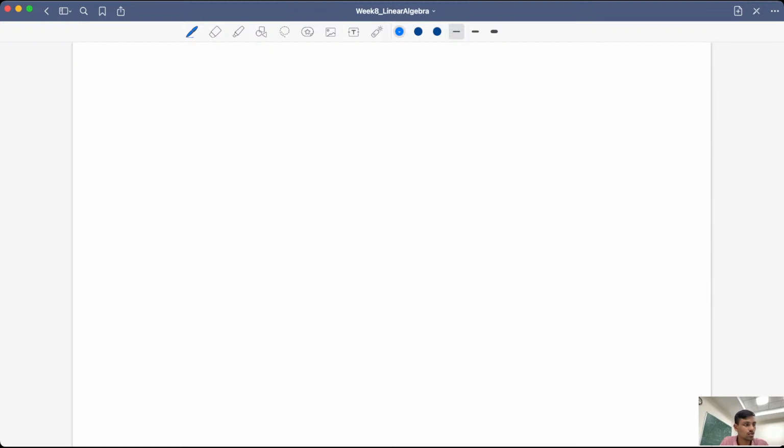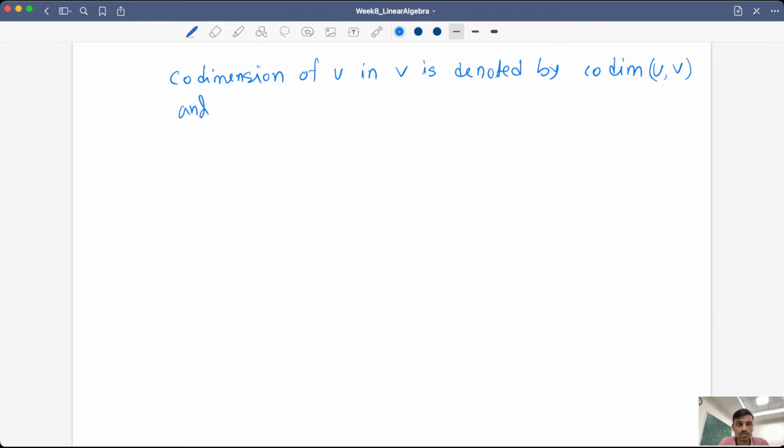Again, for the codimension we don't need exactly finite dimension, but in finite dimension it will be precise. The codimension of U in V is denoted by codim(U, V), and defined as codim(U, V) equals the dimension of the quotient space V mod U.